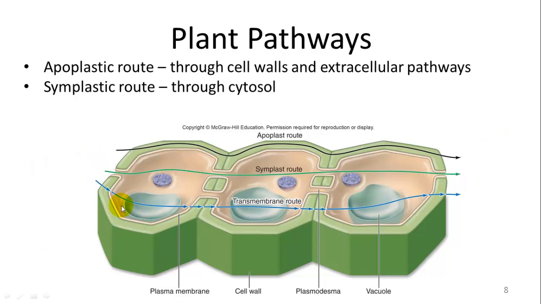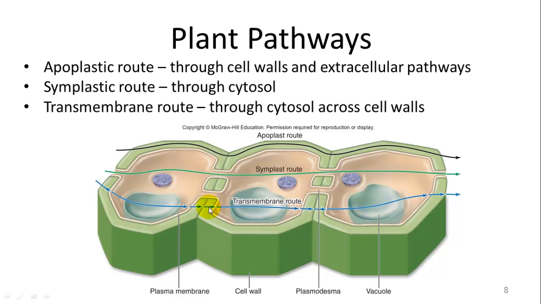And then you also have the combination of the two, which is called the transmembrane route, where it goes through the cytosol, maybe even through the storage vacuole, and then also through the cell wall, and basically just goes through both apoplastic and symplastic.